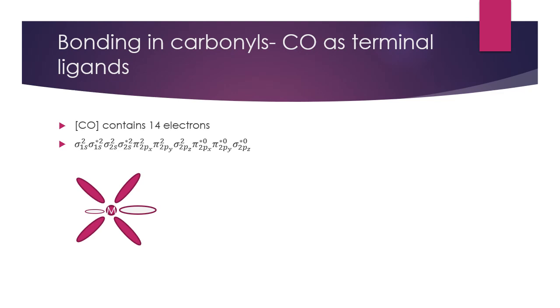See this example. This figure represents the metal orbitals. These are filled d orbitals, which are represented by the pink color, and the colorless orbital represents the vacant or empty d orbital of the metal ion. And this is the molecular orbital of carbon monoxide, and here the black filled orbital represents the filled bonding pi 2px and pi 2py molecular orbitals of the carbonyl carbon.